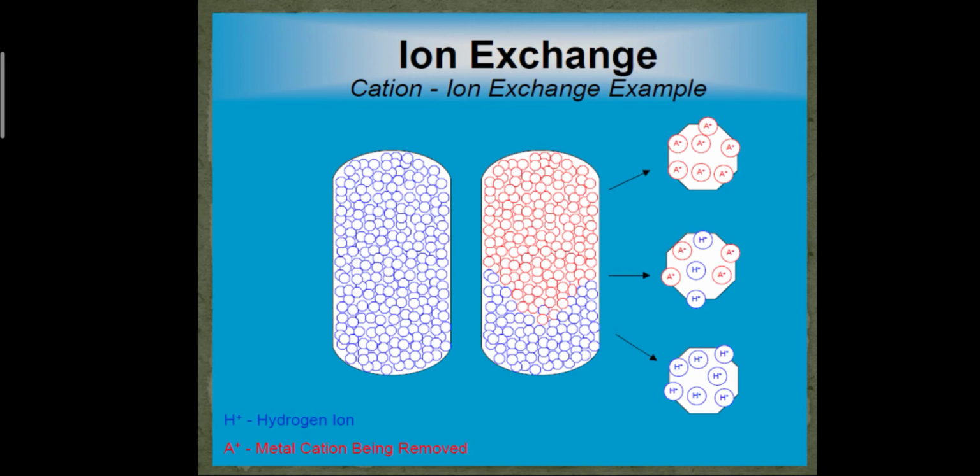They are indicated in red color here. Continuous process leads to the exhaustion of positive hydrogen ions in the resins. They can be replaced by passing hydrochloric acid through the resins, which results in the replacement of positive hydrogen ions in the resins and discharge of other ions such as calcium chloride, magnesium chloride, sodium chloride and so on.